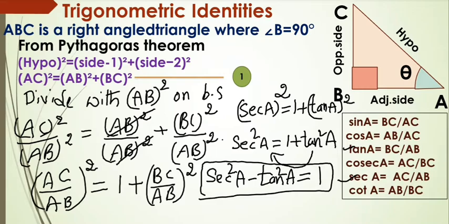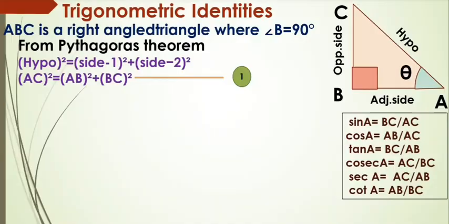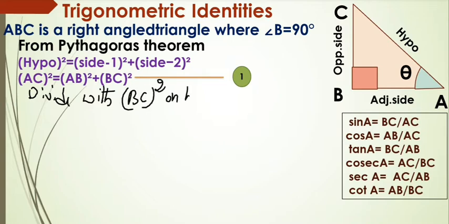Now, let us see the third identity. To derive the third identity, divide the same equation with BC square. So, divide with BC square on both sides.